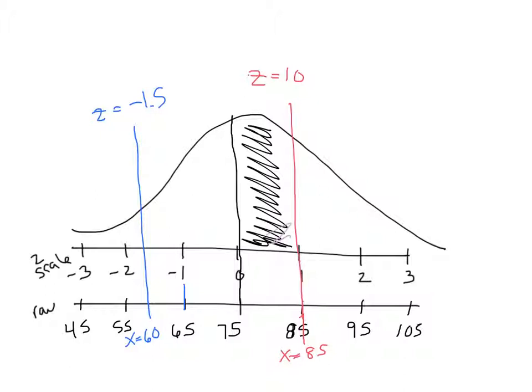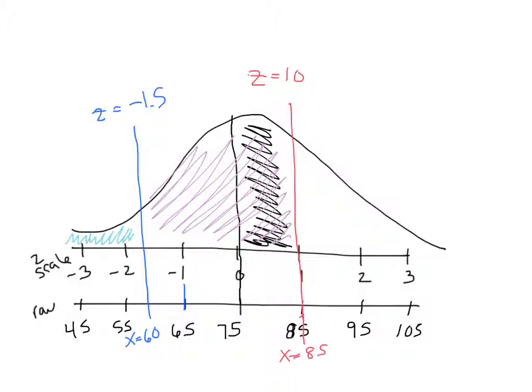So that is going to be our purple area. And finally, we're going to use a teal color to get the last one, which is the scores below 60. Now remember, the whole area has to add up to 100.